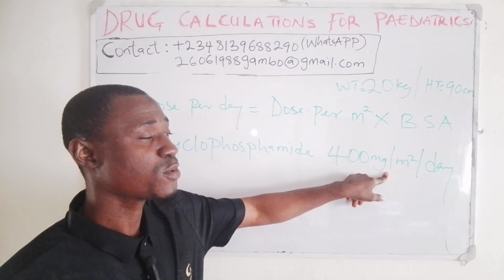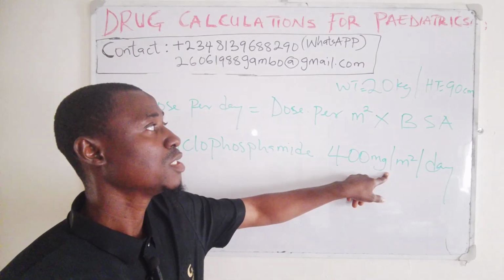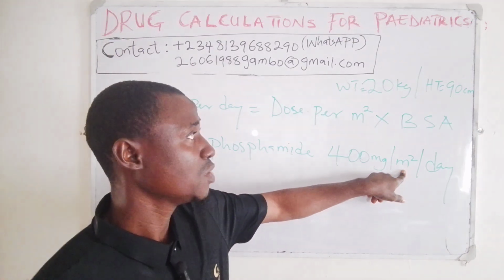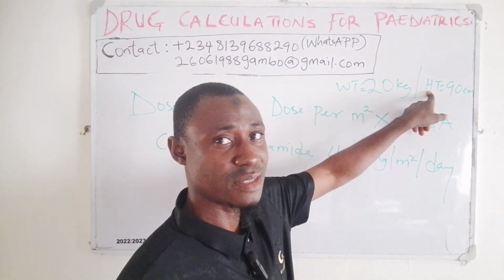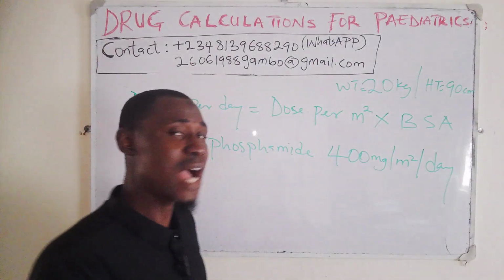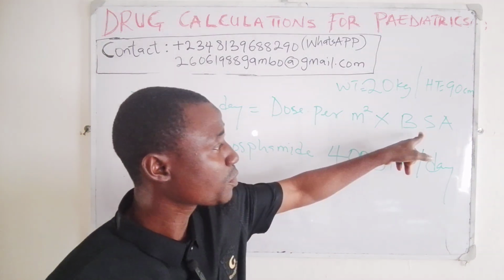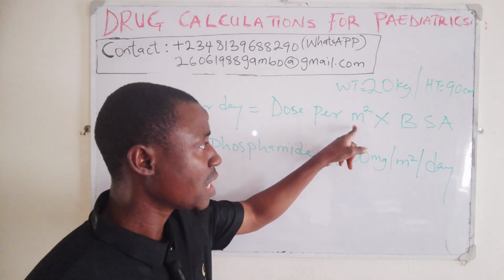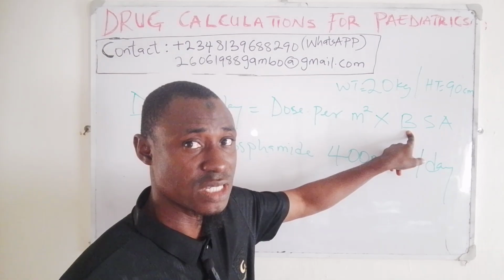Since it's in body surface area format, you also need to get the height of the patient. This will take us to another step, because we need to calculate the body surface area before we can apply this formula.